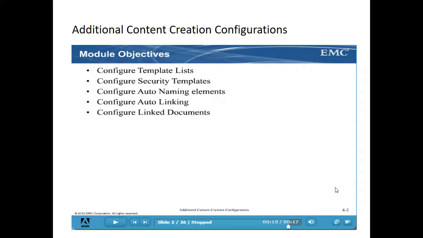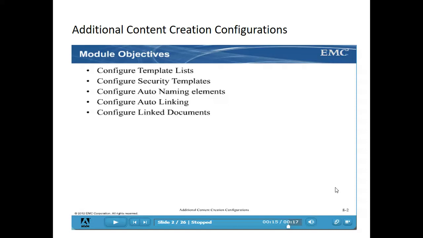Auto linking is providing a path to a document where exactly it is to be stored. If that path does not exist, the path will automatically get created, those folders will automatically get created, and the document will get stored in that.